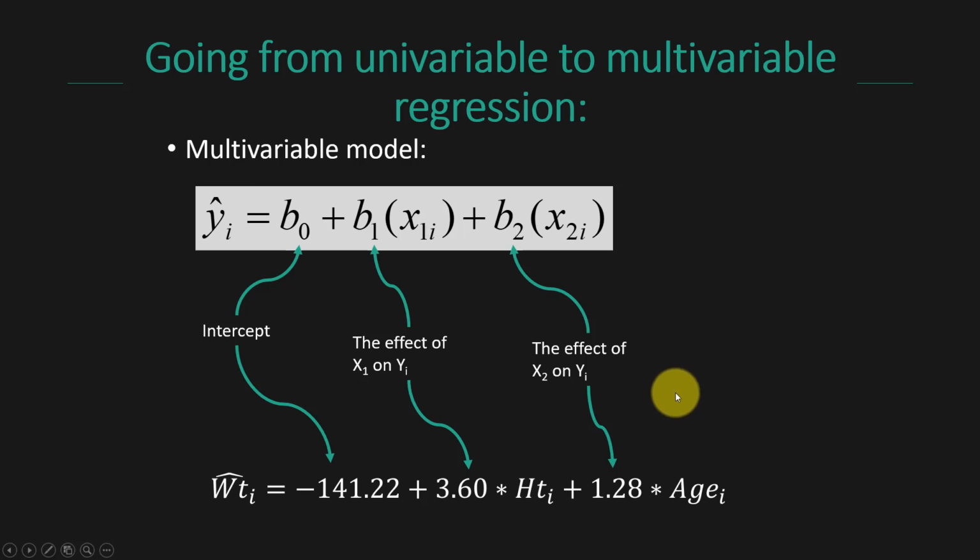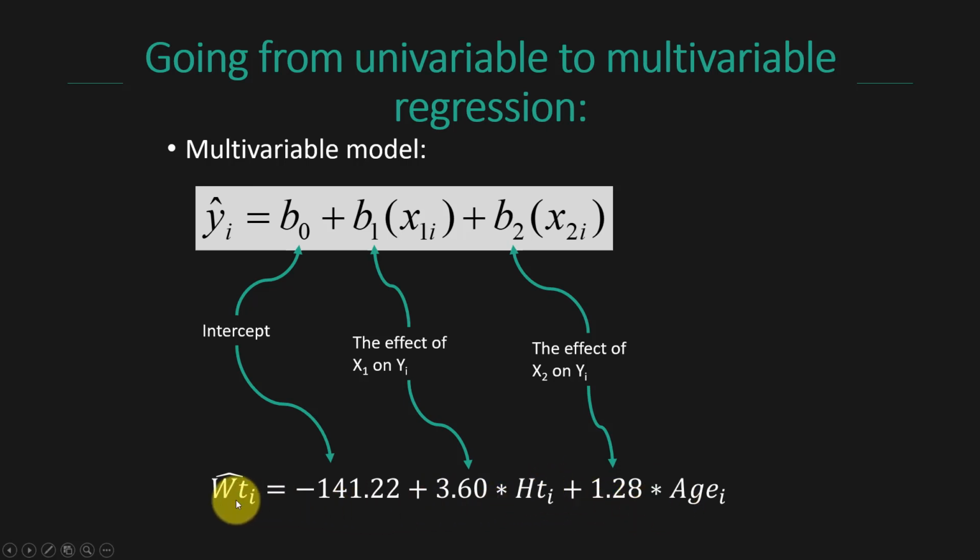Now, if you run the data that I showed through Jamovi or R, your regression program, you're going to get a predicted weight, which gives you a negative intercept, plus the slope for the effect of height, plus the slope for the effect of age.